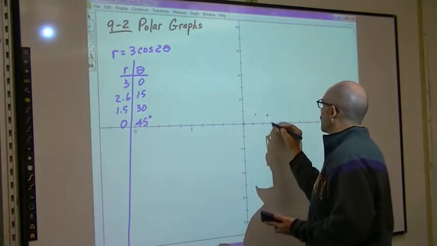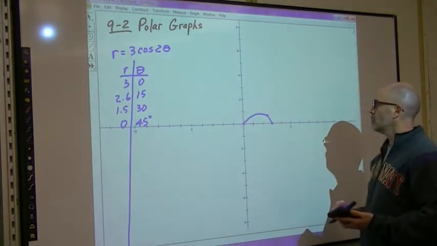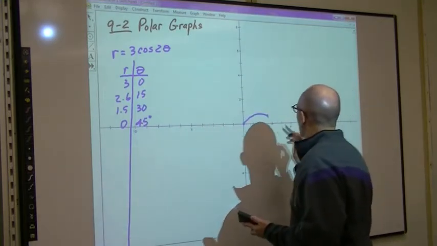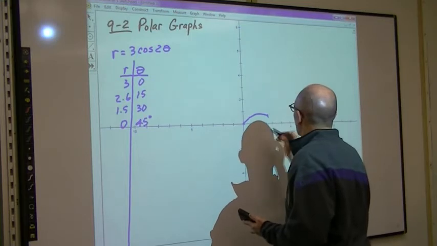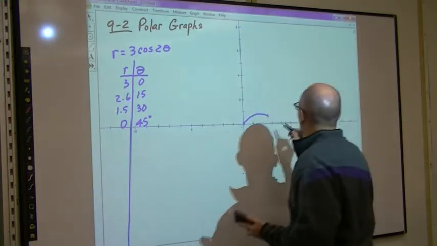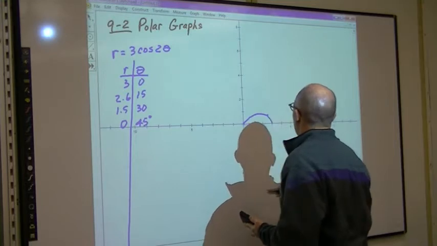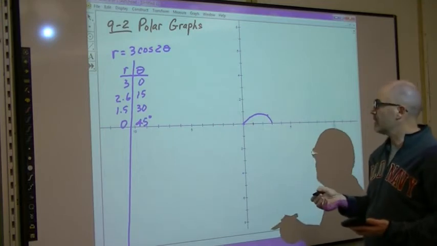So now I've got the curve that looks like that, actually more like this. Okay, so we should just keep going.